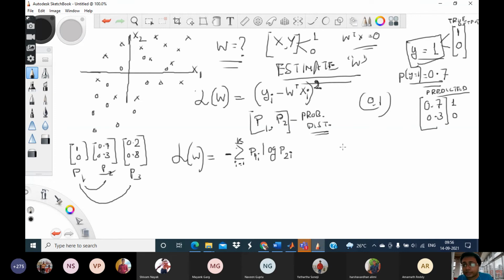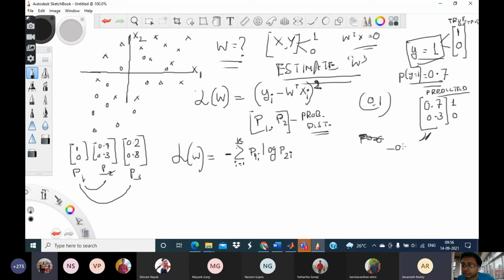Like while we were studying decision trees, we had already seen the entropy function, right? That is, we have our probability distribution like this, say 0.7, 0.3. What was the entropy of this distribution? What was the expression of entropy? Can you tell me?